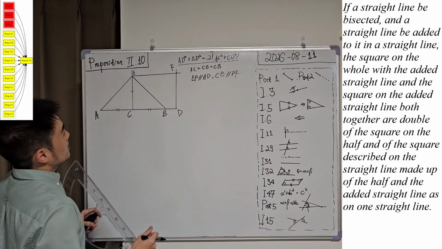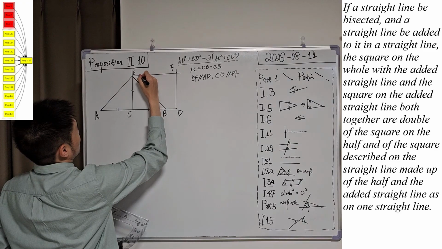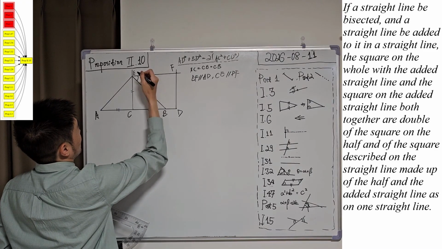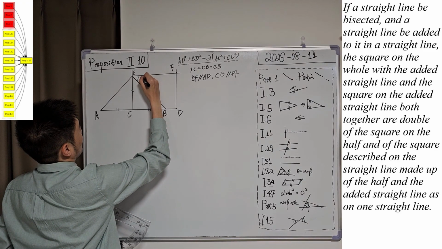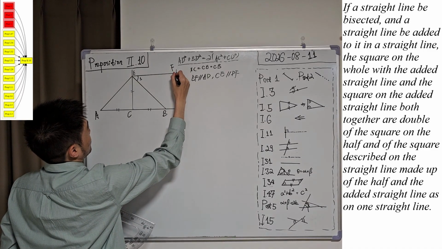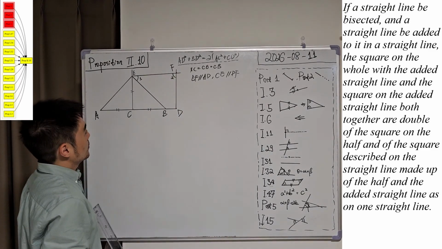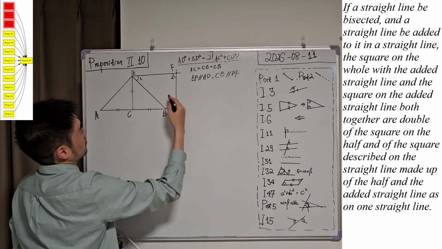And please have a look at these two angles. Let's make it angle 1 and angle 2, okay? So we know that CE is parallel to DF, correct?